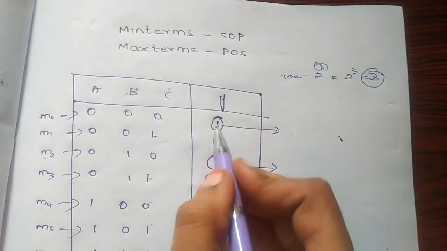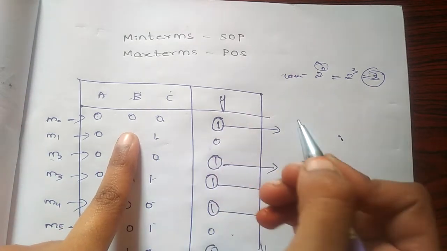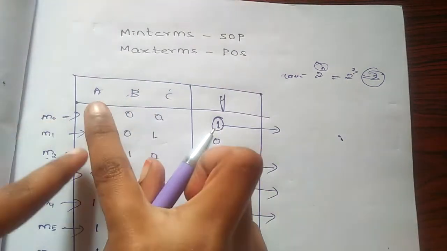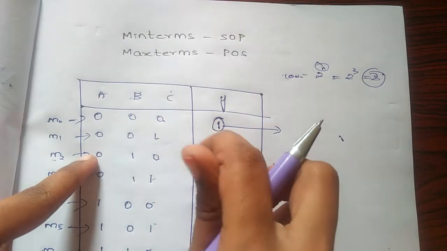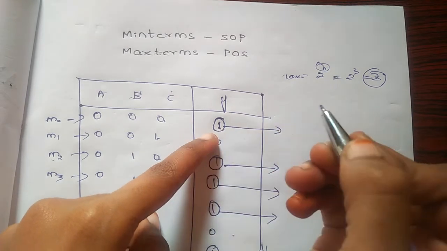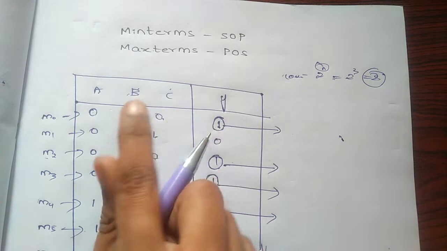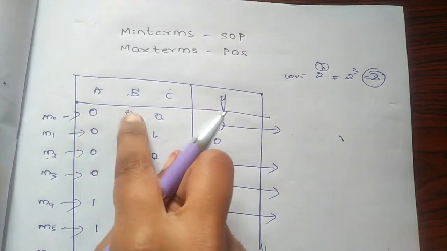So here let's take the first one. We have the output 1 where the inputs are 0, 0, 0. Then how to represent it? The complement of 1 is 0, right?